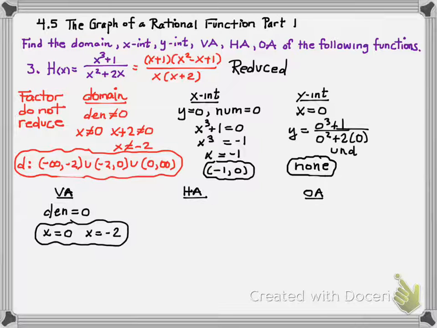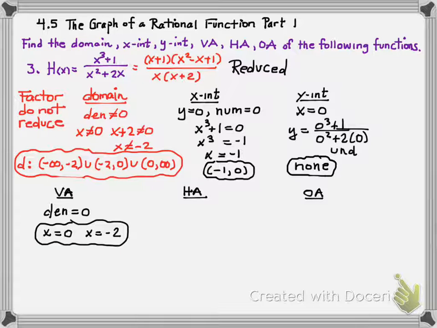Now we're going to look for the horizontal or the oblique asymptote. Let's take a look at the degrees of each of the polynomials. We've got x cubed plus 1 over x squared plus 2x. We notice that the degree of the numerator is bigger than the degree of the denominator, bigger by 1 degree.